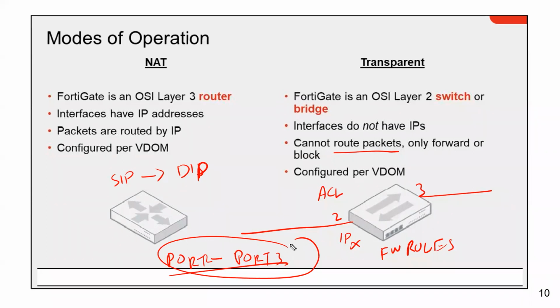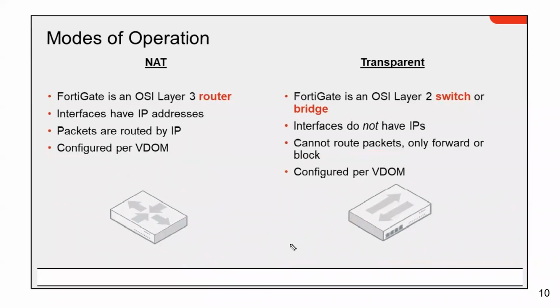So now the question comes up: why do I need transparent mode? It's very valid, very genuine. See, a lot of times there are situations and scenarios where a company would like to test a firewall, but they cannot really make any changes in the network itself. In that kind of environment, you can implement the firewall at a layer 2 level, so you do not have to make any changes at the IP level.